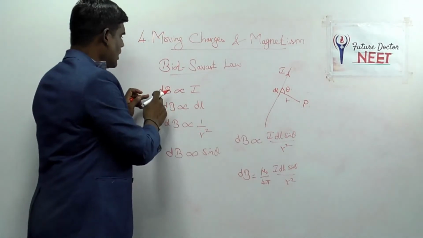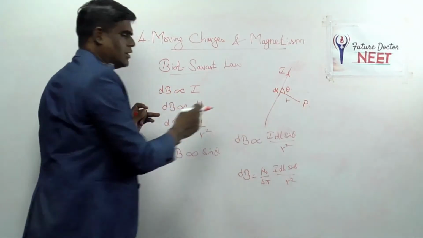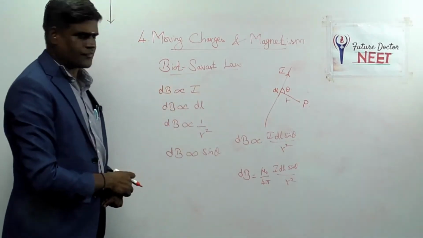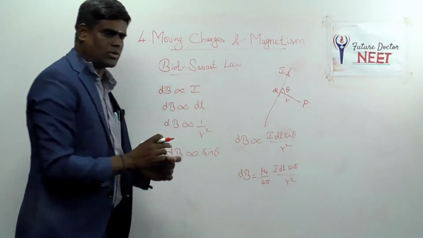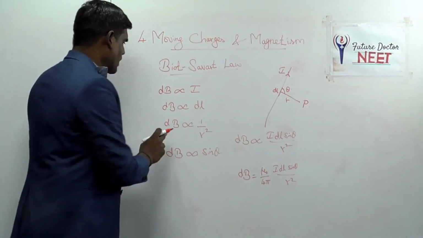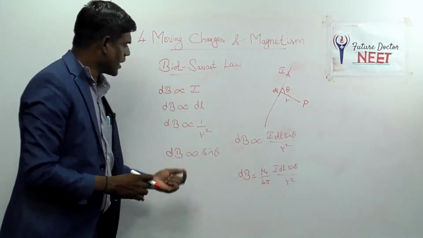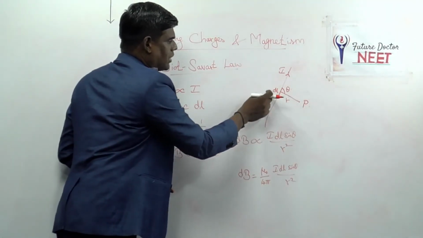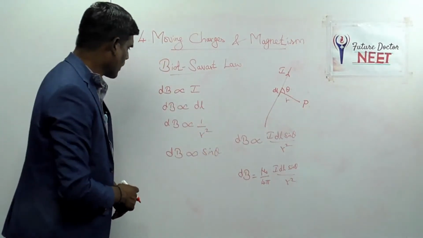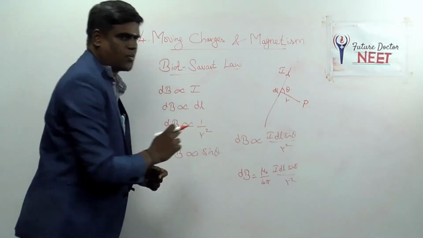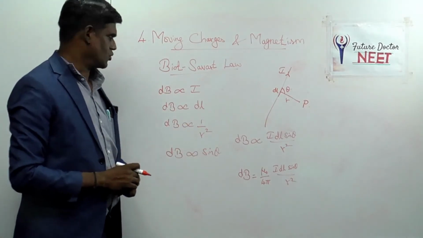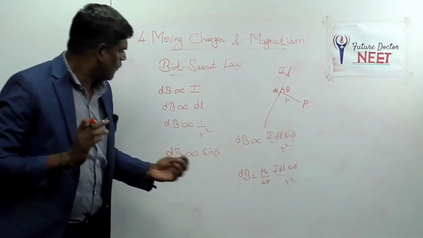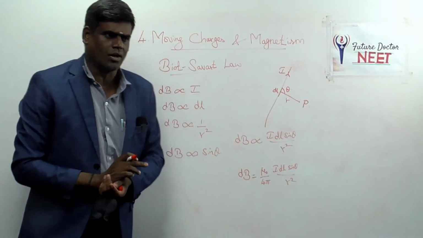The Biot-Savart law says that the magnetic field produced at a point due to a current carrying wire is proportional to the magnitude of the current, directly proportional to the length of the element, directly proportional to the sine of the angle between dl and the point P, and inversely proportional to the square of the distance between these two. Combining this, dB equals mu naught by 4 pi into I dl sin theta by r square.